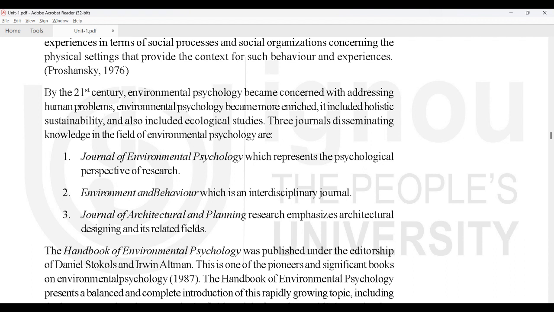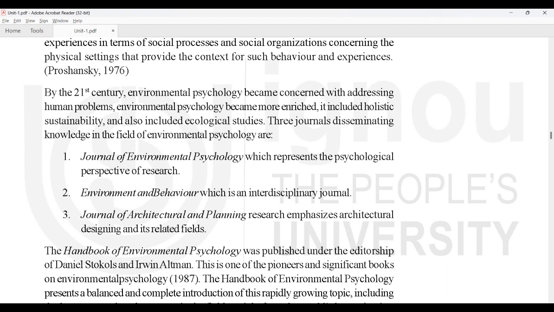By the 21st century, environmental psychology became concerned with addressing human problems. Environmental psychology became more enriched. It included holistic sustainability, and also included ecological studies.